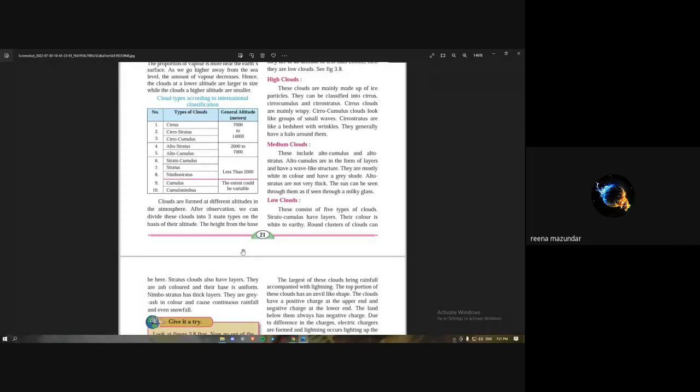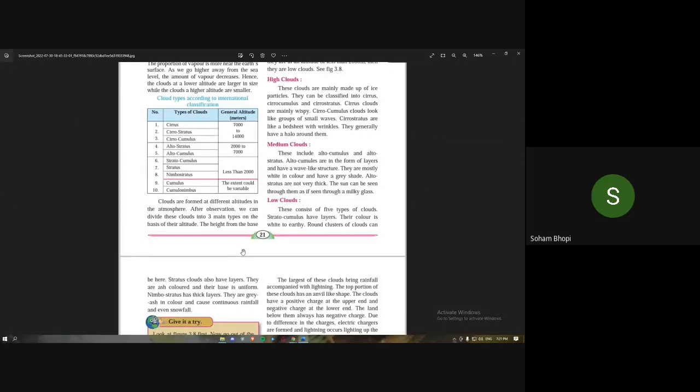There are so many present today. Very good to see so many of them. Ayush Matre. Ayush. Yes, ma'am. ढगांचे 10 प्रकार असतात. 10 प्रकार. Very good. Soham.